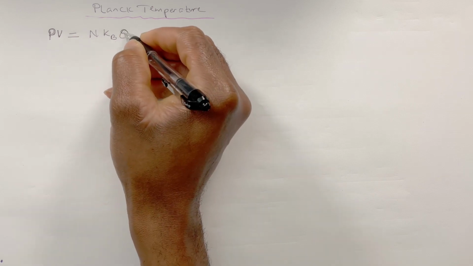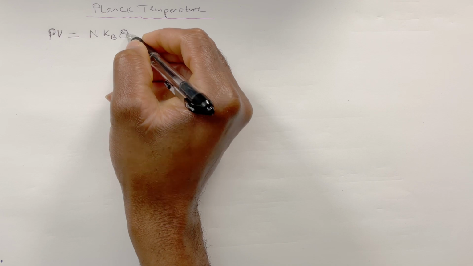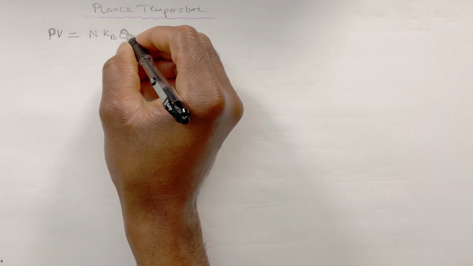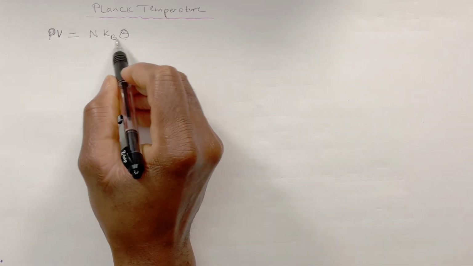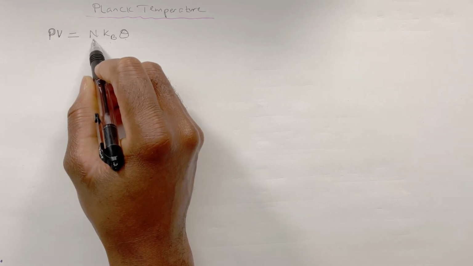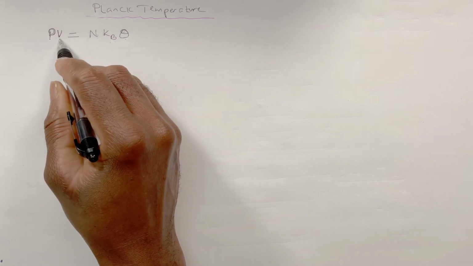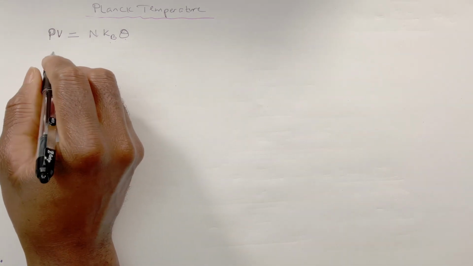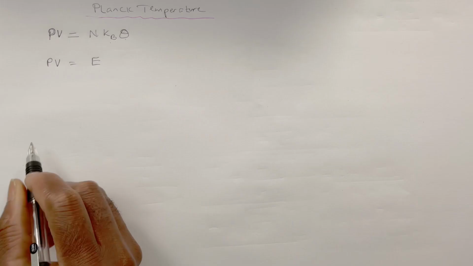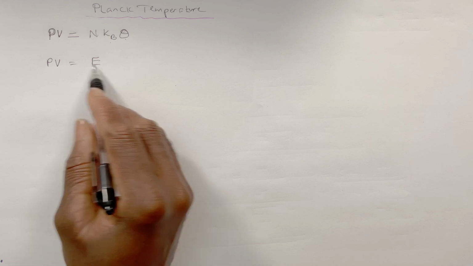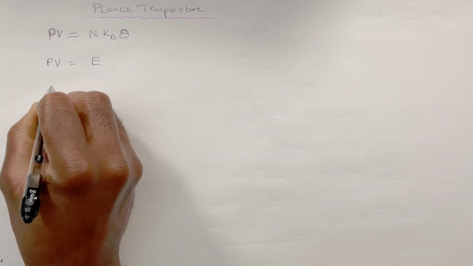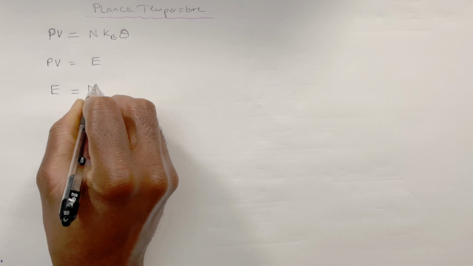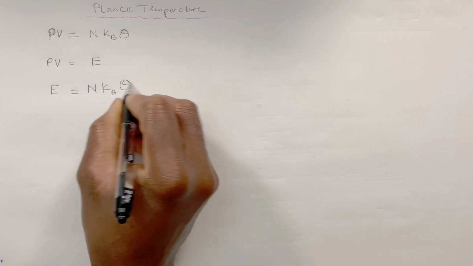So I'm using theta as temperature here because I've used capital T for time. V is the volume and P is the pressure. And in this situation, pressure times volume is energy. That same unit is energy, and therefore, energy will be equal to N kB times temperature.